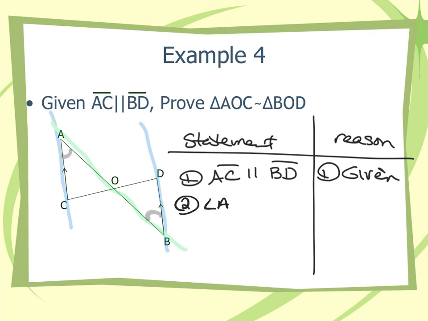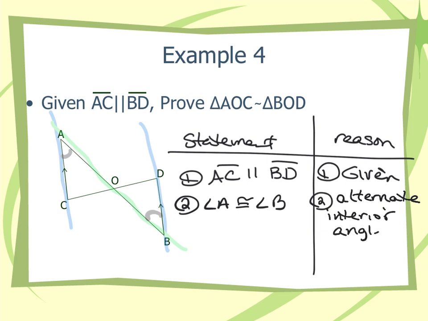And I can name it with one letter because there's only one angle sitting there. And this reason, try to write it neater than I did earlier, alternate interior angles theorem.